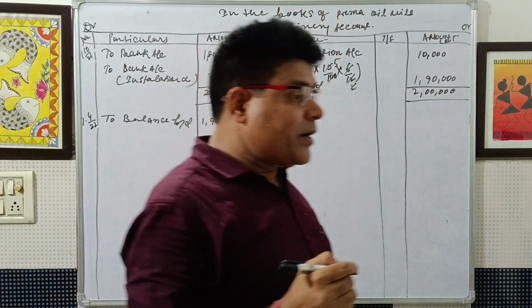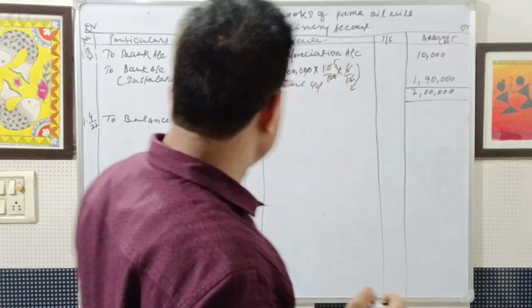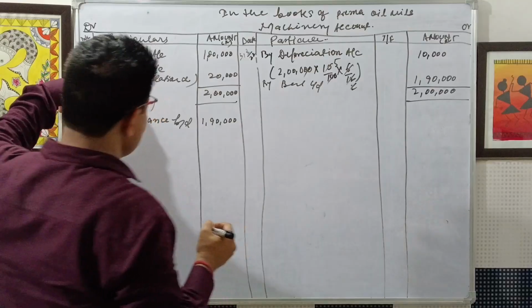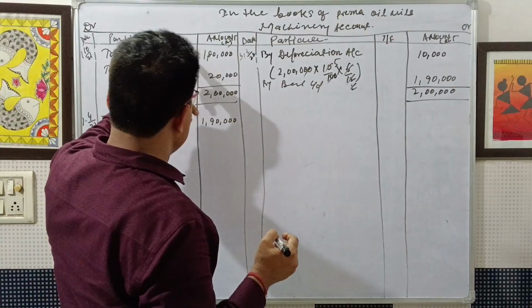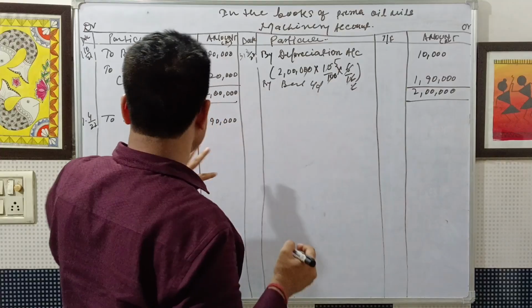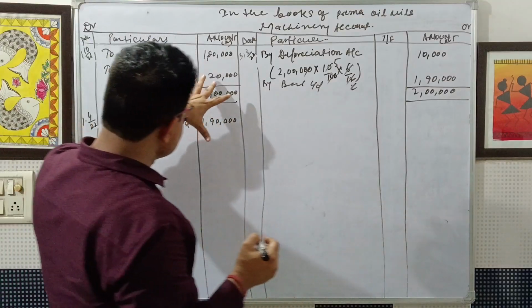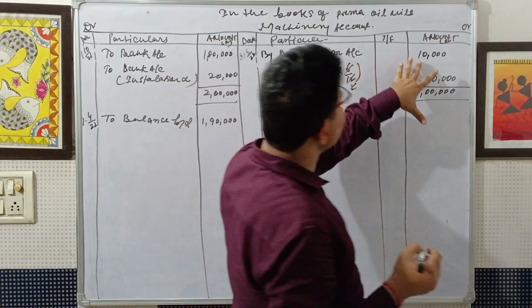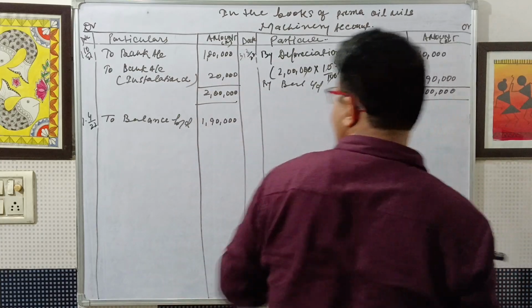On 1st October 21, the machine was purchased for 1,80,000, installation charges 20,000, so the value is 2 lakh. Depreciation charged that year is 10,000, so 1,90,000.